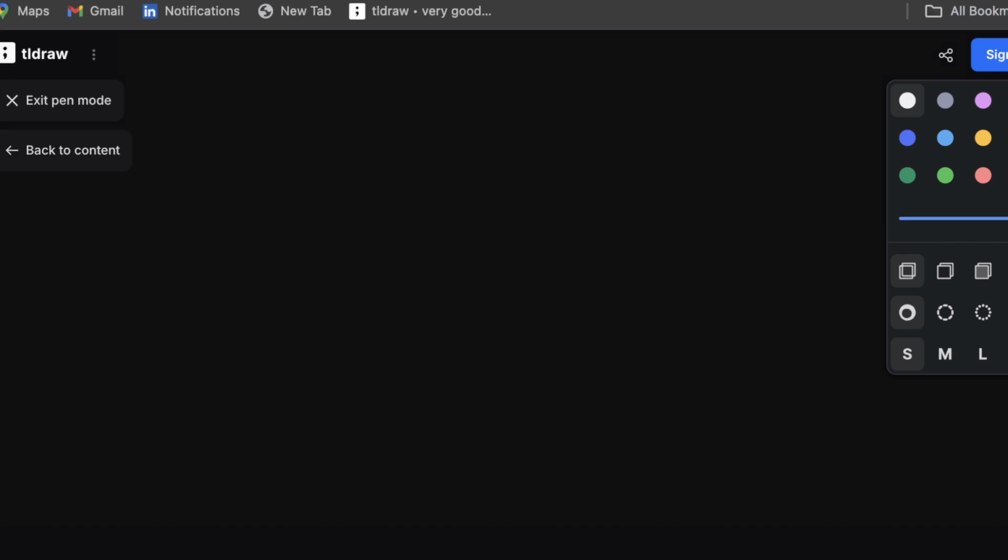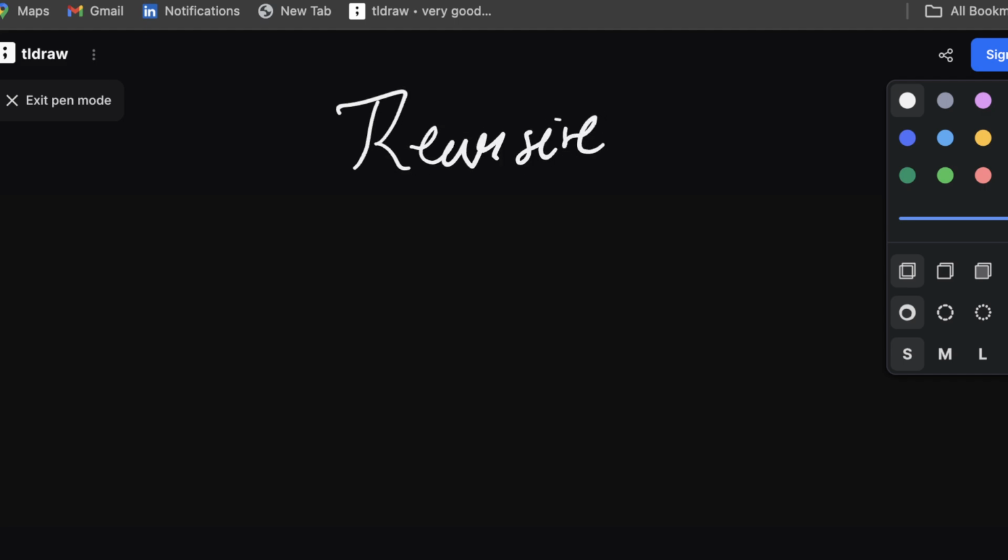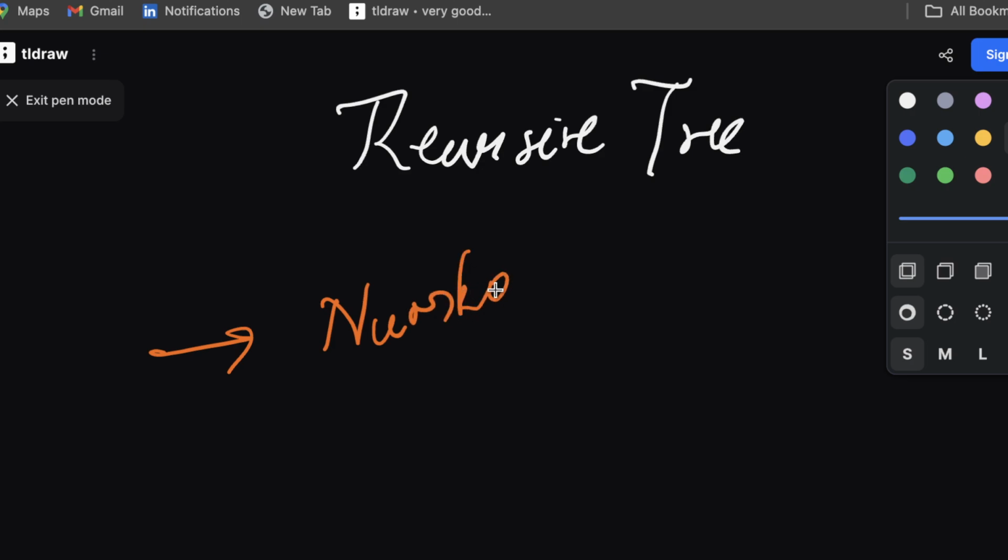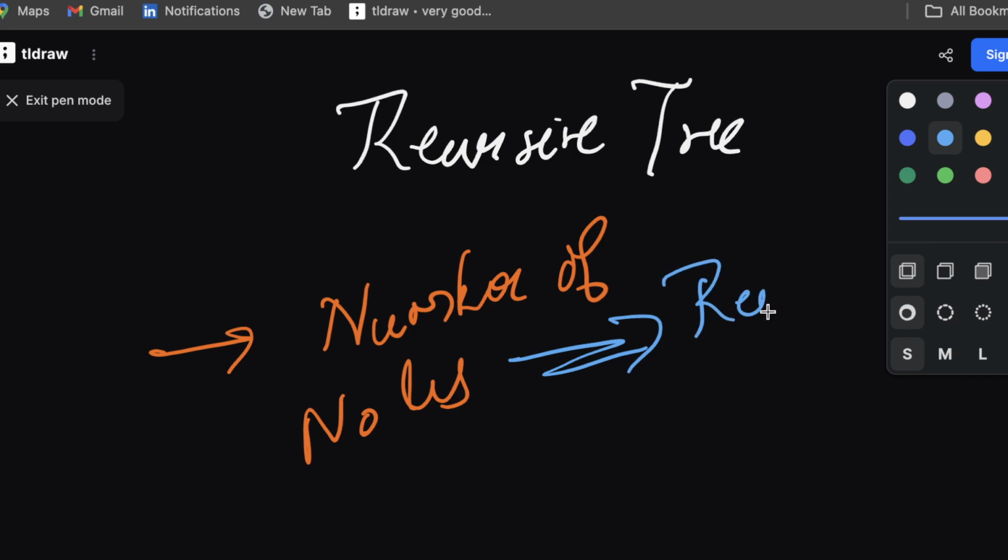The best way to analyze recursion is basically to use the recursive tree, right? Like how many nodes are we making, and the hint to search is number of nodes. The number of nodes is basically what is going to represent my recursive calls.